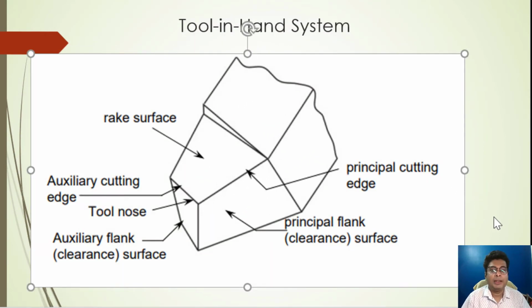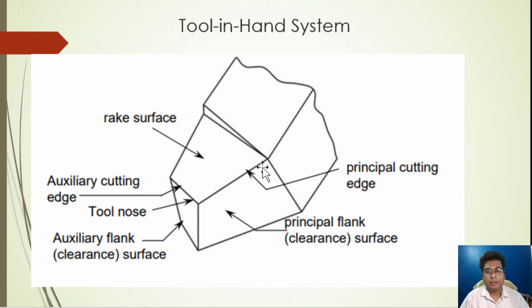There, the principal cutting edge is the edge with which the main interaction with the workpiece takes place. Adjacent to the principal cutting edge, we generally have the auxiliary cutting edge, which seldom interferes with the machined surface, and a minute amount of material removal occurs.